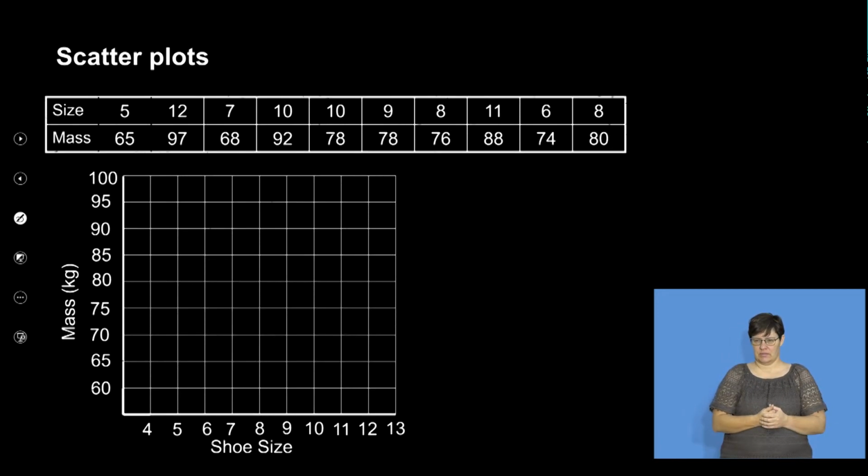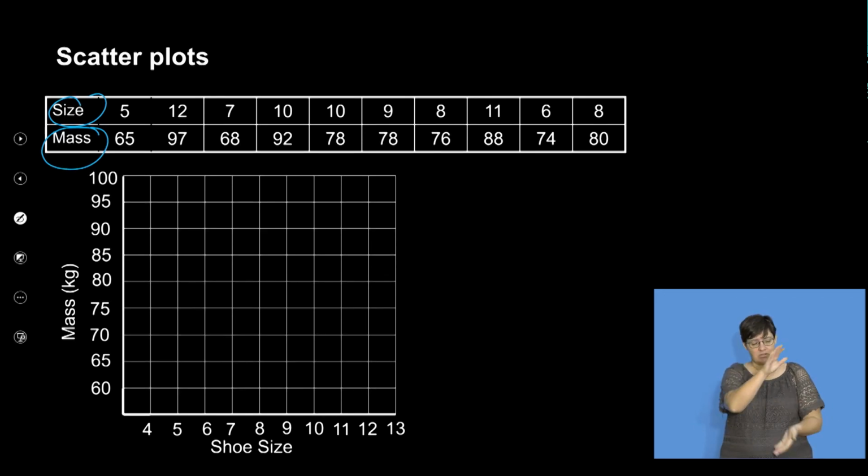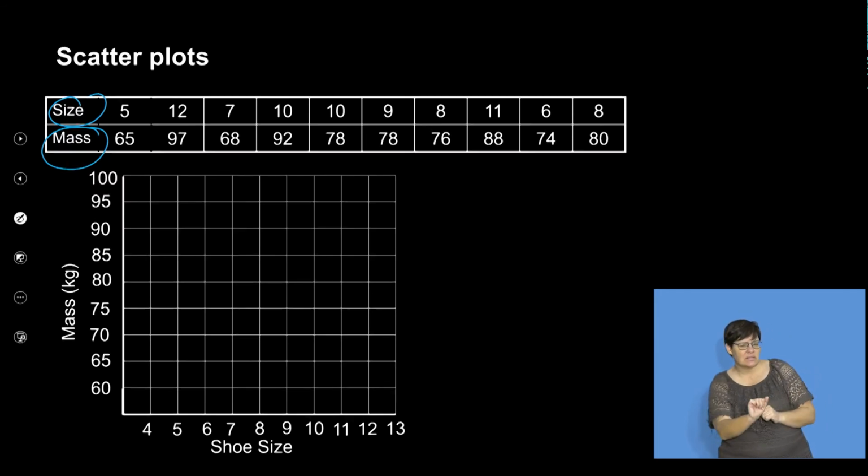So there's a scatter plot. Here I have size and weight or mass of a person. So that's the shoe size and how much they weigh. The data was collected, okay? As a survey implies, we went to people and asked what is the shoe size and what is the weight.